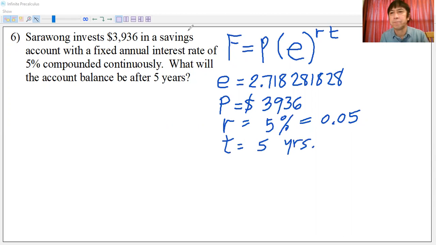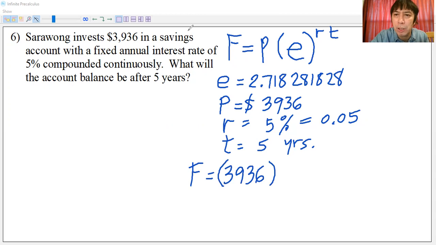So this will be F is equal to P, 3936, multiplied by E raised to the power of the product of RT.